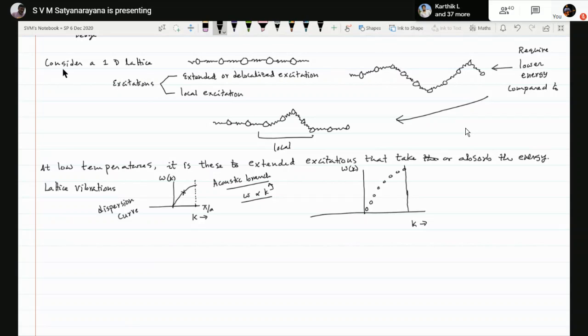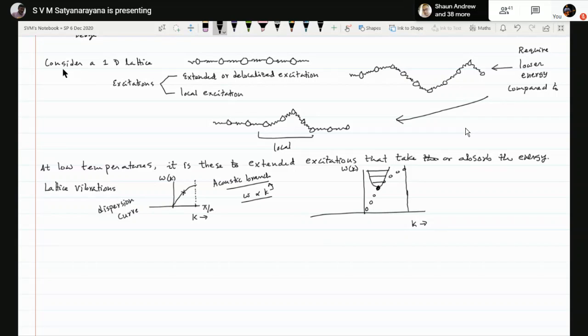Now suppose you take this particular frequency. It is a lattice vibration of that frequency, and now you can quantize it. If you quantize this vibration, you must imagine a harmonic oscillator of this frequency. Then you are going to have discrete energy levels.